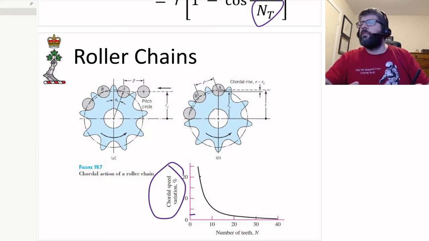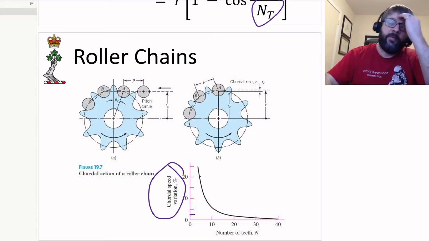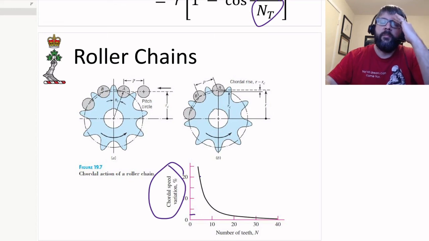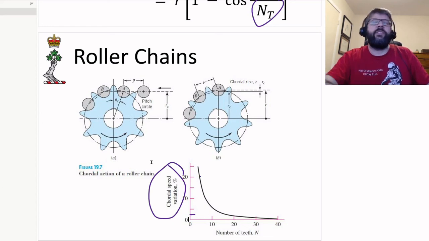So it drops down dramatically as you start to increase. That's why you're going to tend to see a relatively fair minimum number of teeth on your sprockets, which will also affect, of course, the size of the chain being used.